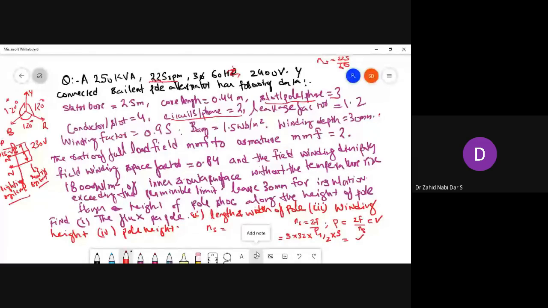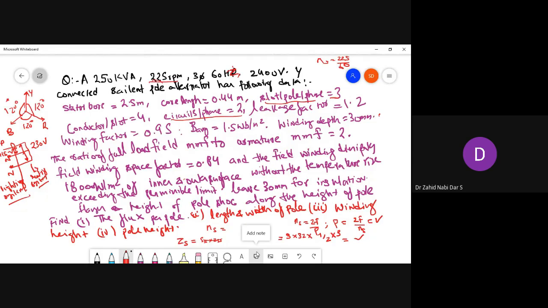Once you have calculated it, the total number of conductors is equal to conductors per slot, that is Zss, into the total slots, whatever value you got, into 4.